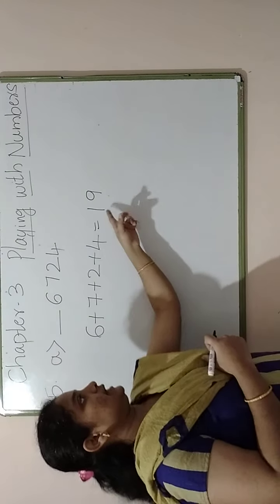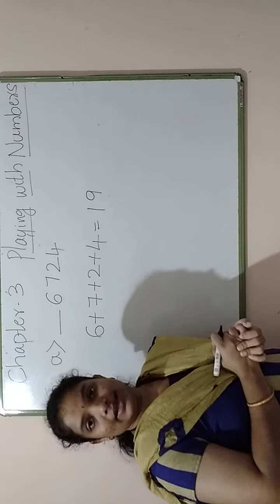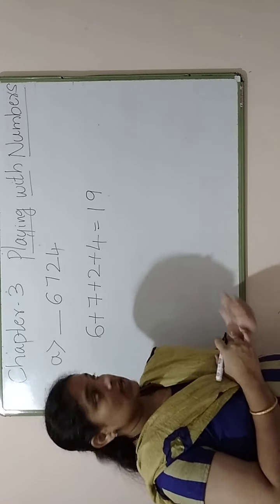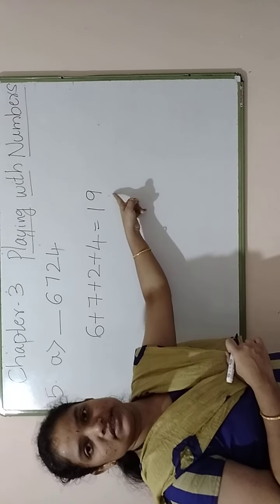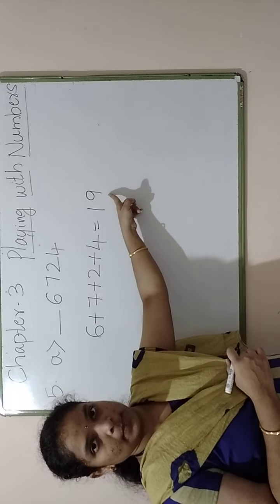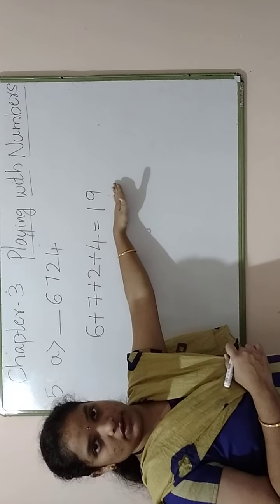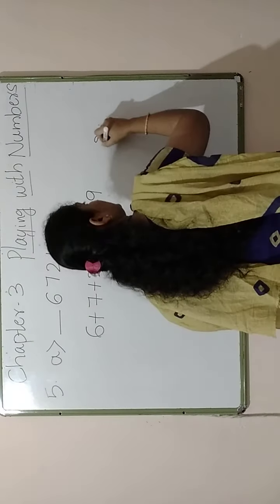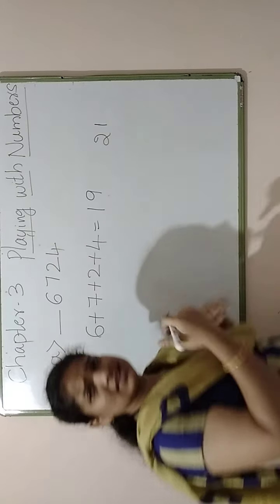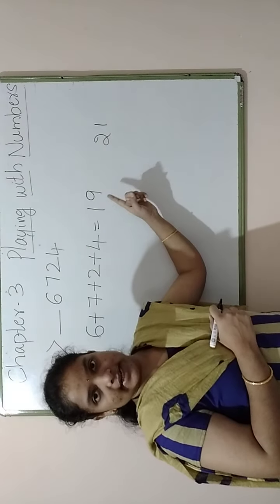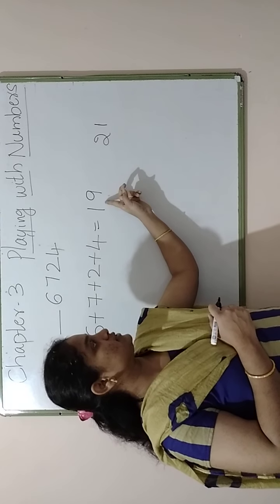Now 19 is there, and 21 is a multiple of 3, right? 3 sevens are 21, and 21 is the nearest multiple to 19. How much do we have to add?